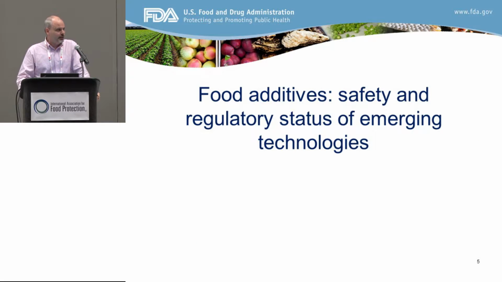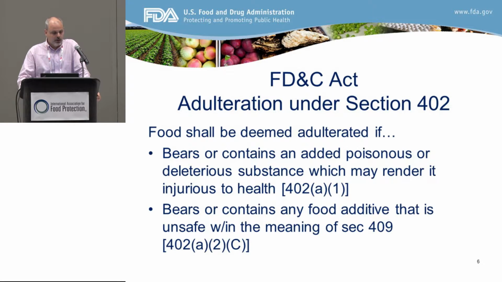When we look at food additives, there's some consideration we have to give to the safety and regulatory status of emerging technologies. Within the Act, if we start there at the Act level, we would consider a food to be adulterated if it bears or contains an added poisonous or deleterious substance which may render it injurious to health, or that it bears or contains any food additive that is unsafe within the meaning of Section 409.